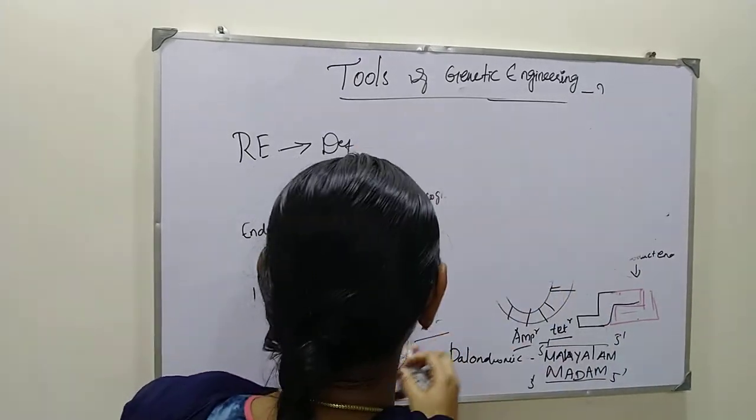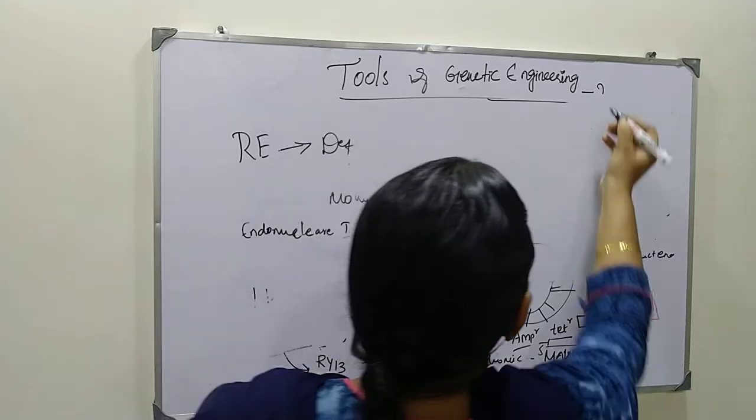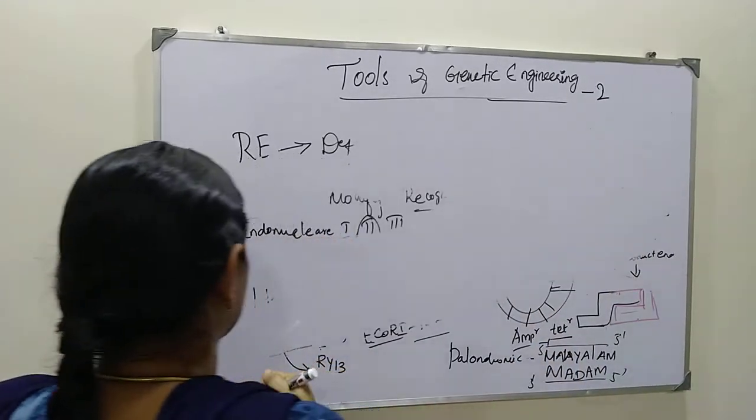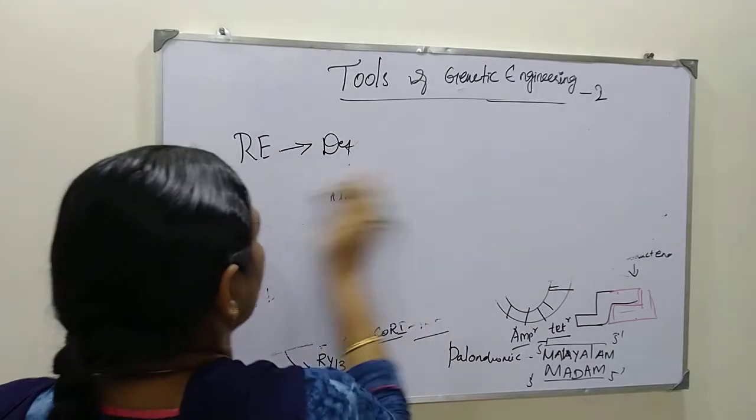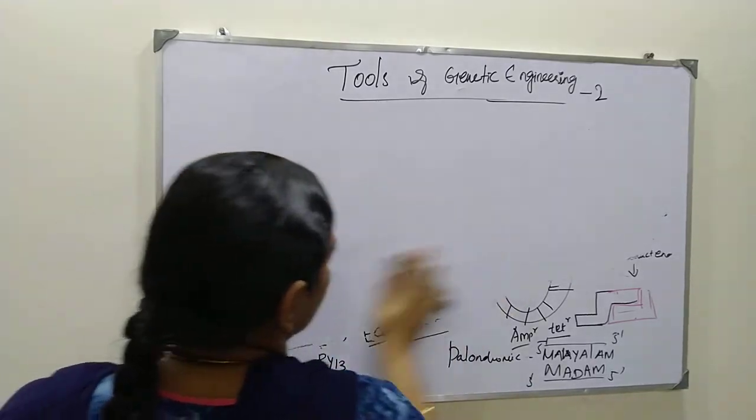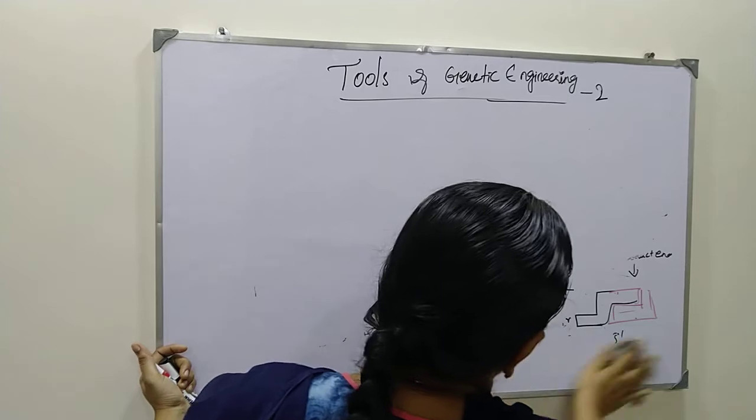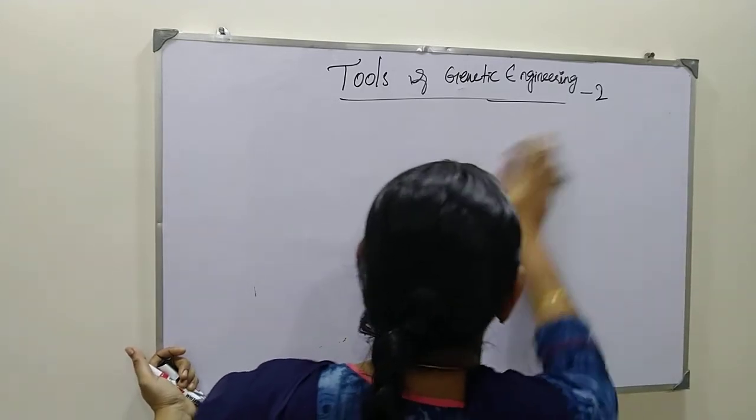So what will it do? It is ligating, that is, it is linking. What is it linking? It is actually taken from the T4 phage, that is T4 bacteriophage. We will be taking this DNA ligase enzyme.